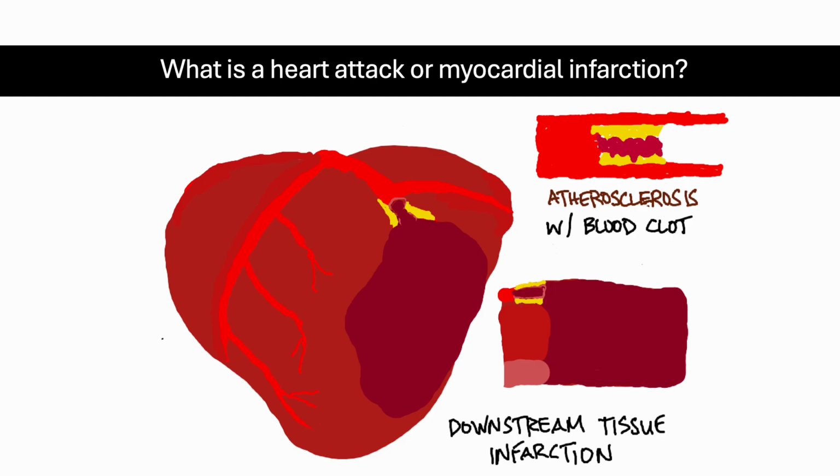The atherosclerotic plaque ruptures, seemingly sometimes for no reason, and that causes a clot to form, which results in complete obstruction of the vessel. No blood moves past the obstruction, and therefore the downstream myocardium is starved of oxygen-rich blood.